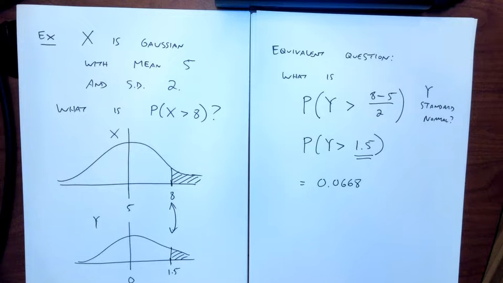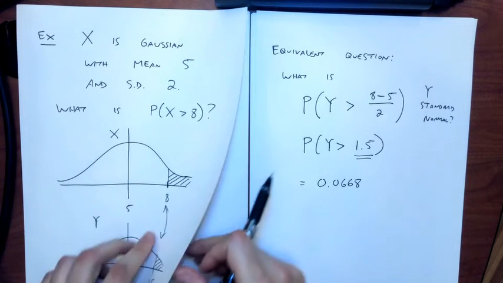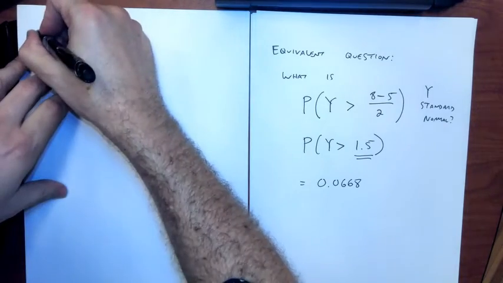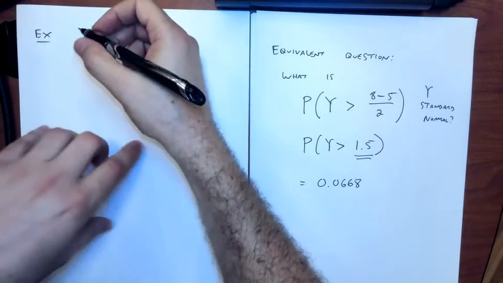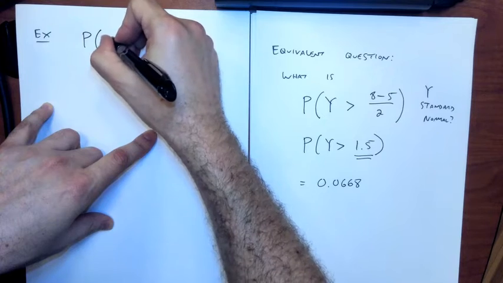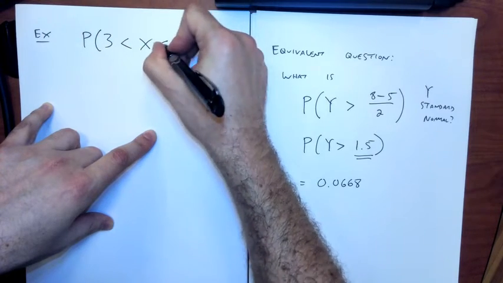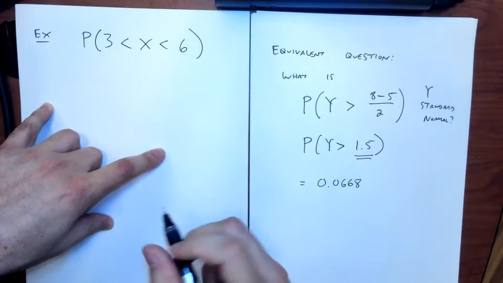Or let's suppose I wanted to ask, let's try a different way. Same random variable: what's the probability that x is in the range 3 to 6?